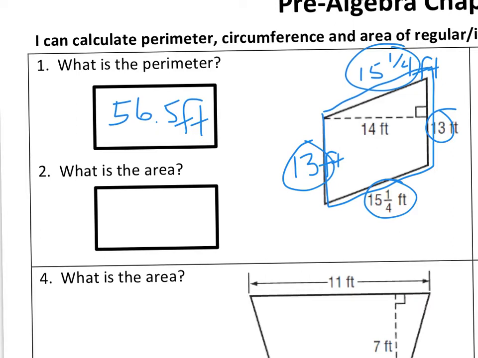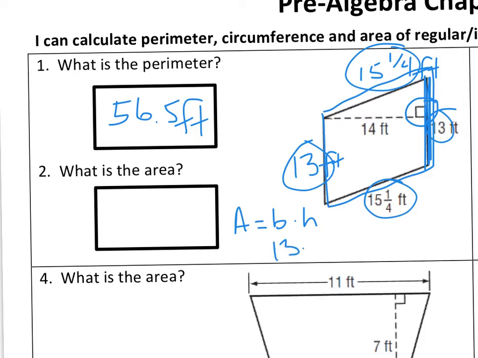All right, let's take a look at number 2. What is the area? Well, let's remember, the area of a parallelogram has a formula called base times height. So all you need to do is find the base and the height. The way you do that is you look for the right angle. The right angle is connecting the base and the height. This side here is the base, which is 13.